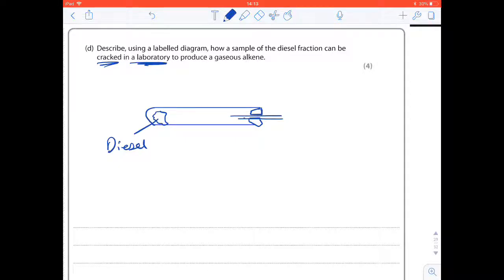It's cracked by heating it and passing it over a catalyst. That produces, it says, gaseous alkene.